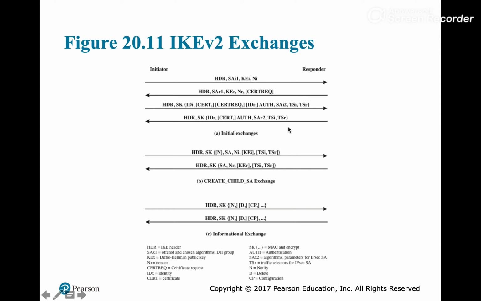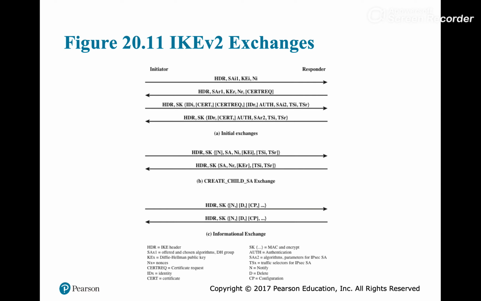In the initial exchange, both parties, initiator and responder, exchange information regarding the algorithms and other security parameters they are willing to use, along with a nonce and the Diffie-Hellman public values and groups they are going to use.